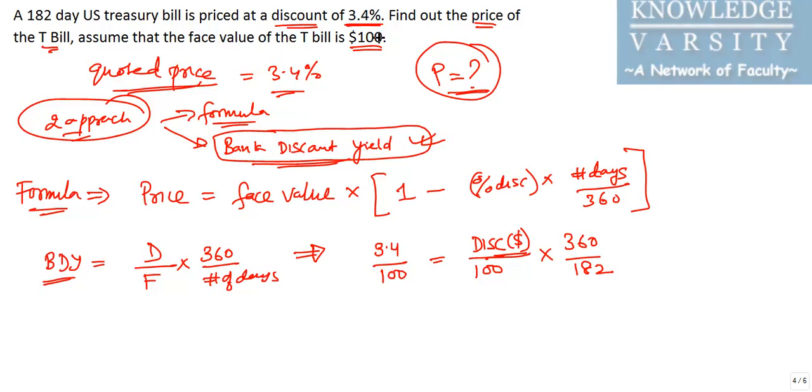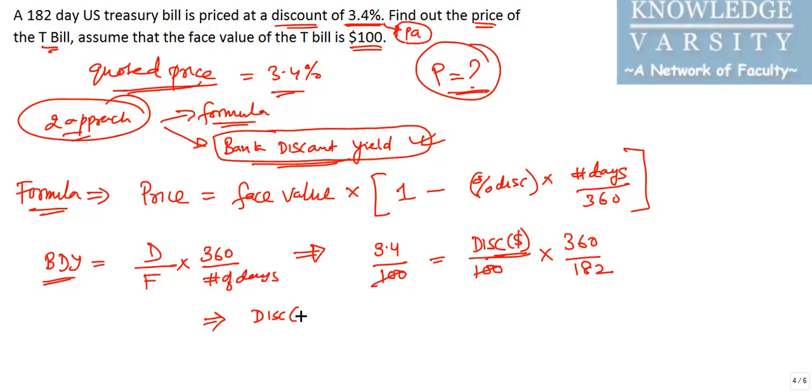The time is 182 days. Here this percentage is per annum, so it is on an annualized basis. We are interested in computing the actual discount. If you solve this, the 100 will get cancelled.